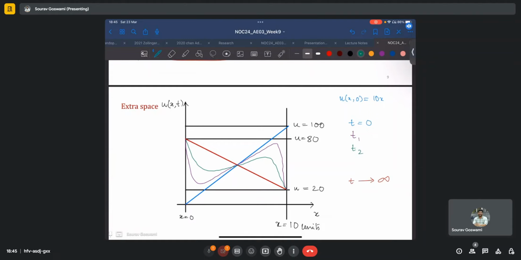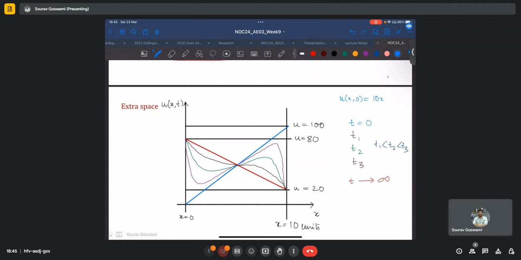This can be some T2. What more colors do we have? This can be T3, where T1 is less than T2 is less than T3.